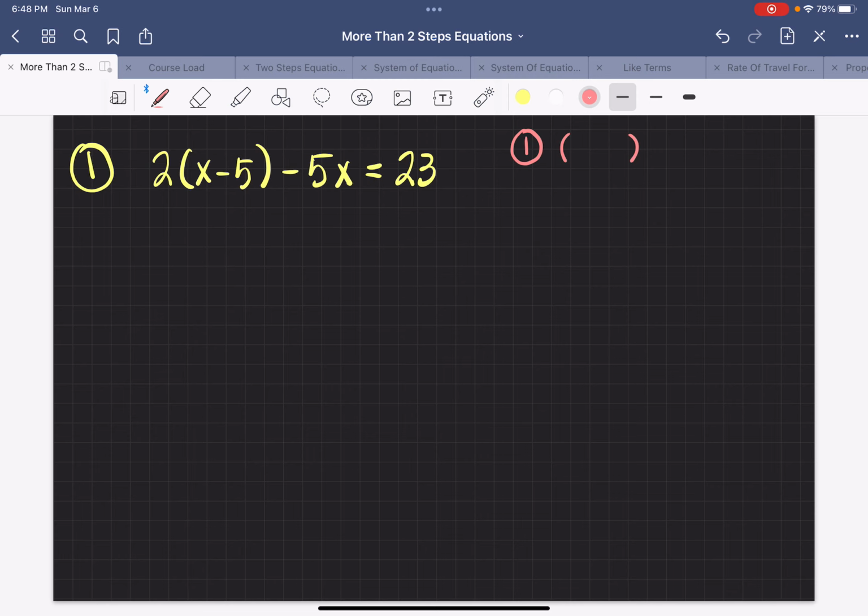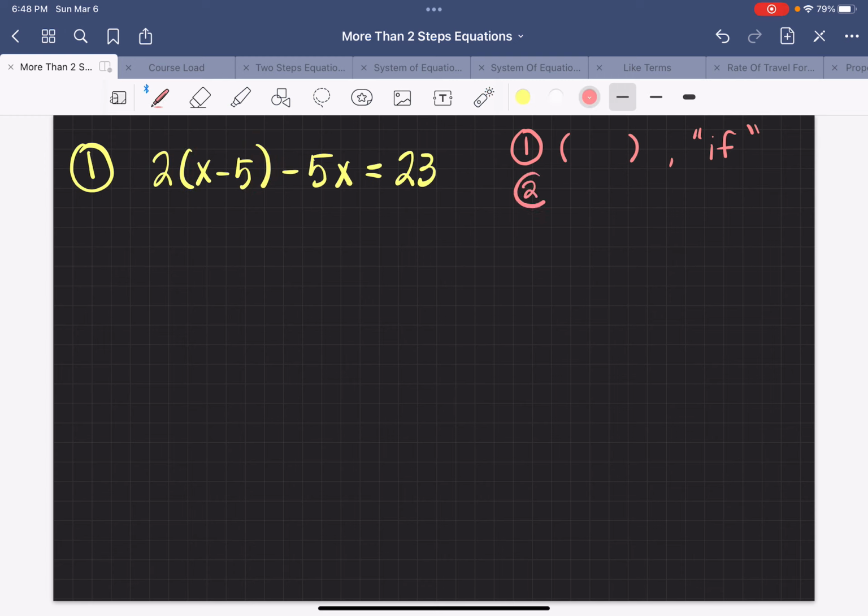The first step will be solve parentheses. This step you don't even need to remember because as always in math you solve parentheses first. So that's the first thing you're going to do. I'm going to write "if" here because if there are any parentheses, which we do have in this equation, we will have that first step.